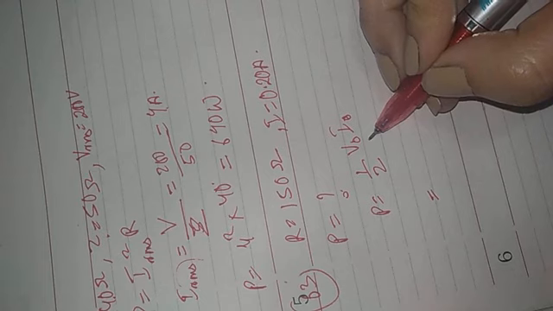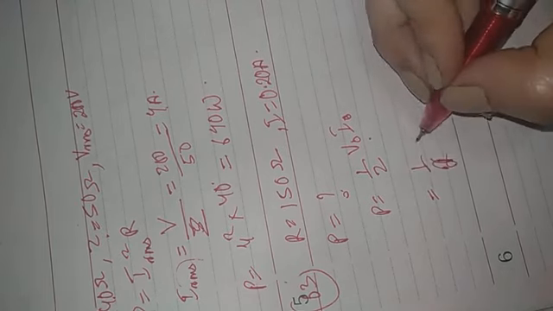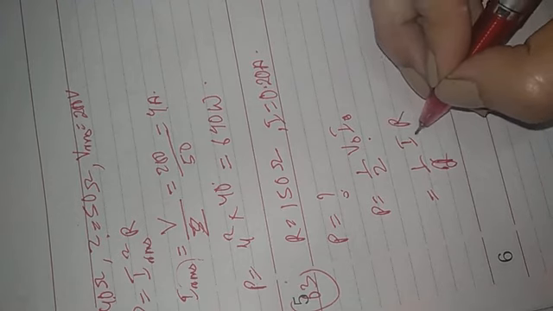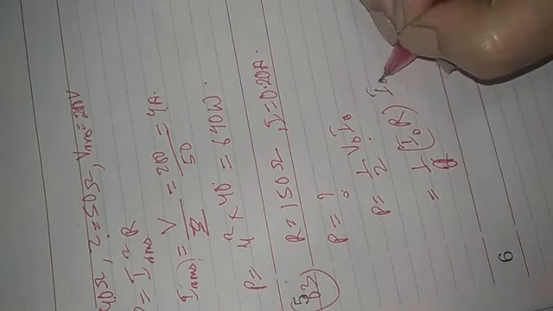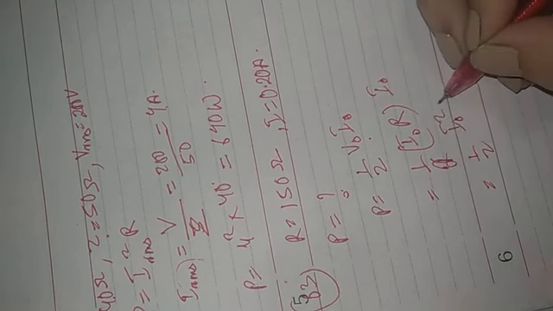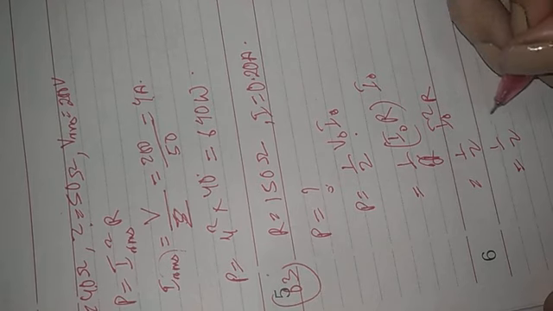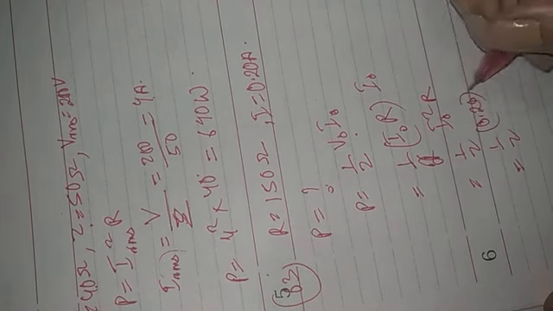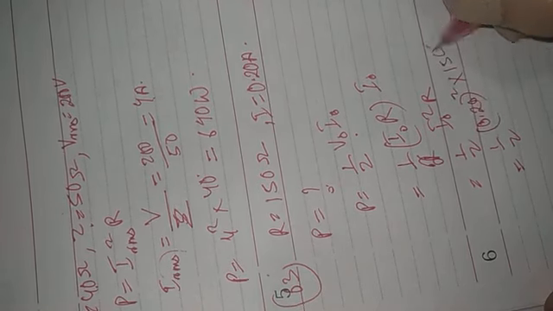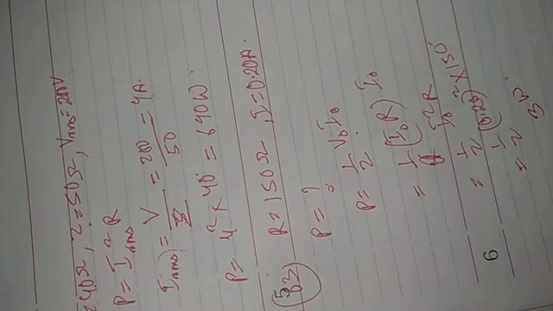Now V naught we don't have. Instead, V is I naught into R, multiplied by I naught, which gives half I naught square into R. I naught is 0.20 square multiplied by 150. Do the calculation, your answer will be around 3 watt.